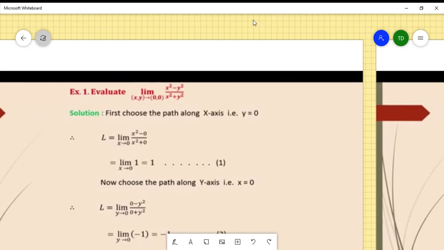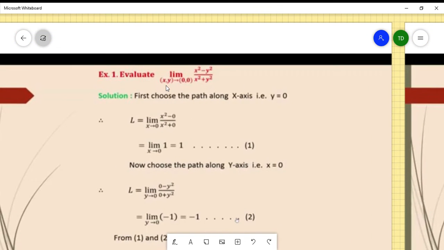Example 1: evaluate the limit as the ordered pair (x, y) tends to the ordered pair (0, 0) of (x square minus y square) upon (x square plus y square). Because we are handling ordered pairs, our domain is R2, that is the xy plane.